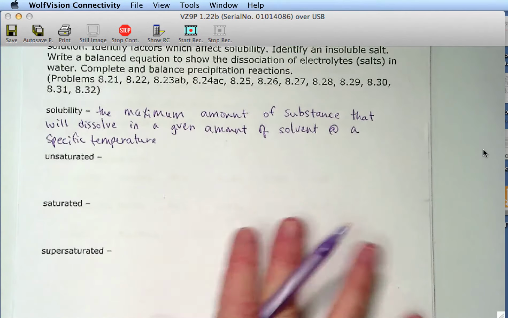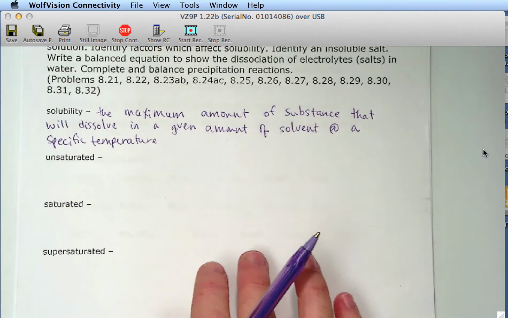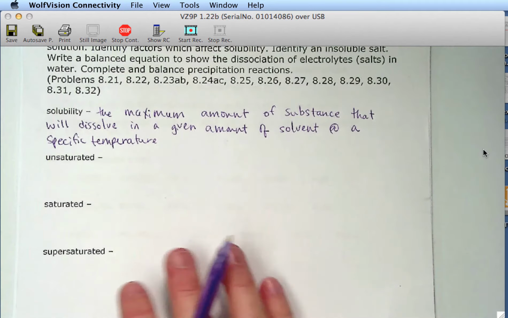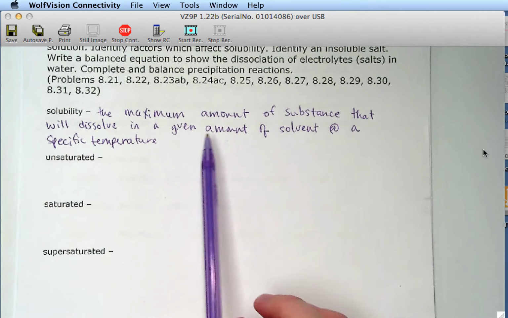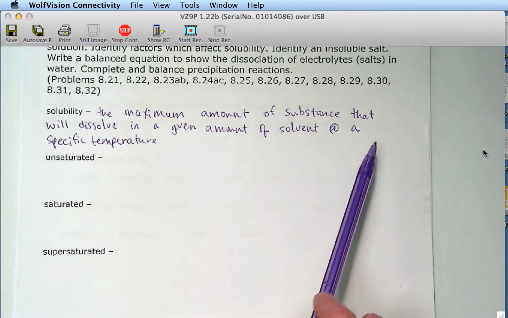Yes, exactly. So the maximum amount of substance that will dissolve in a given amount of solvent at a specific temperature.